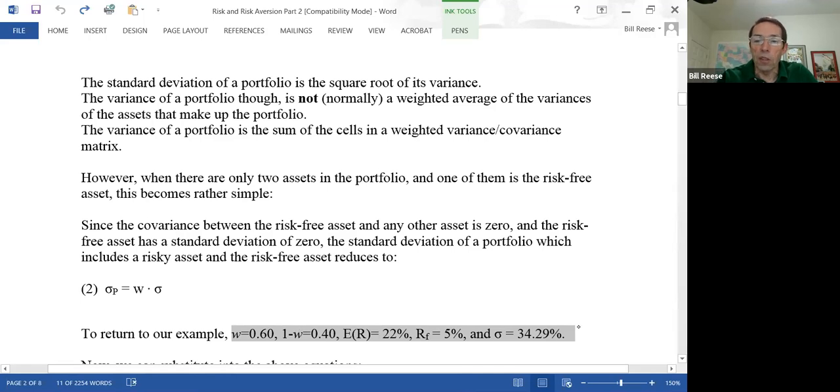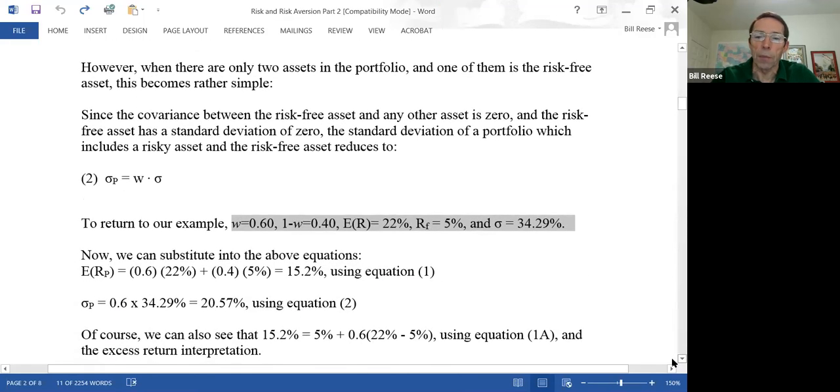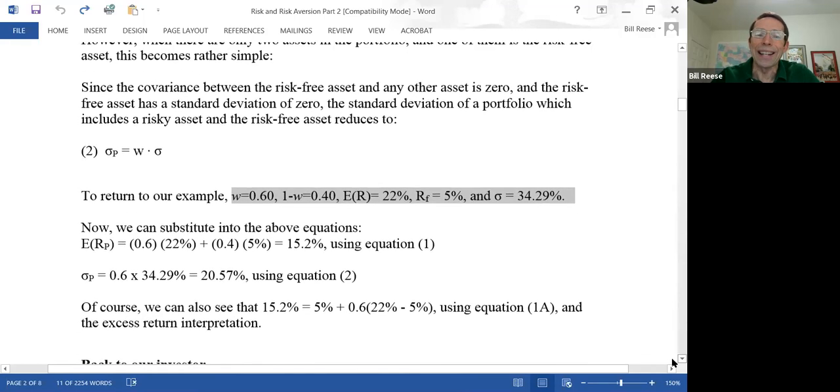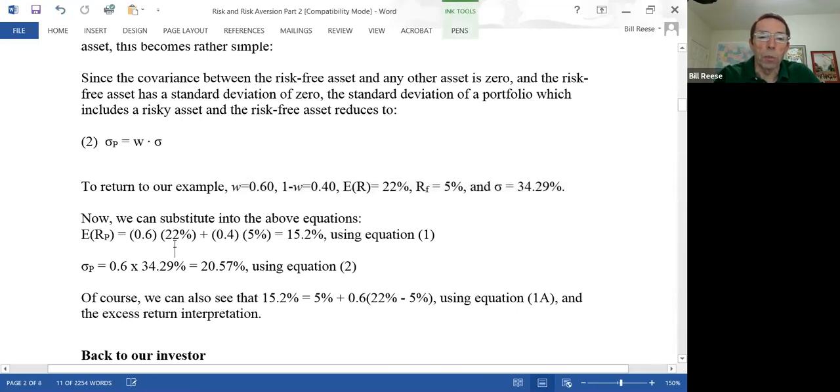So this is our situation when we put 60% of our money into the risky asset and 40% into the risk-free asset. Now if I want to find the expected return on my portfolio, it's going to be 0.6 times 22% plus 0.4 times 5%, which is 15.2%.